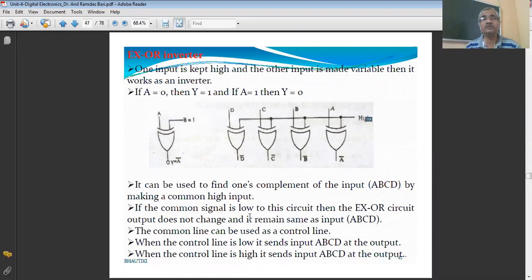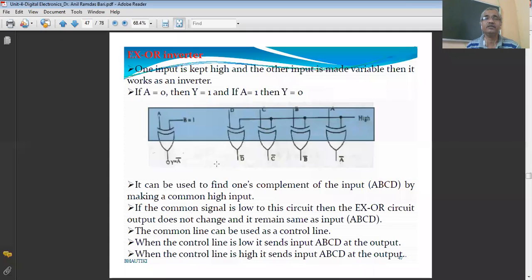But when the common signal is 1, so when this common signal is kept high, then all the bits A, B, C, D, because each gate will act as an inverter, each input will get inverted at the output.